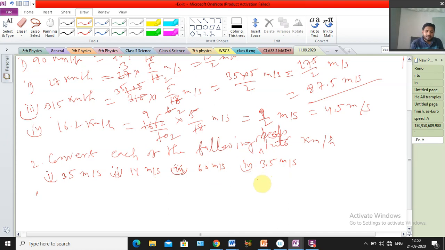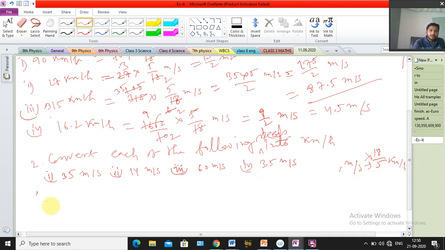Okay, clear? That is the question. So what to do here? Same question. Here we have to change meter per second to kilometer per hour. Kilometer per hour means multiply by what? 18 by 5. Clear or not?